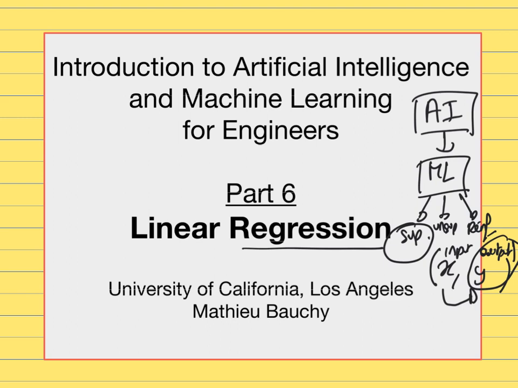Today we are going to talk about linear regression, which is one of the most simple methods to find a way to map some inputs to some outputs by just assuming that the mapping between input and output is governed by a linear relationship, which in many cases is actually not far from the truth. So let's take an example to illustrate what we want to do.